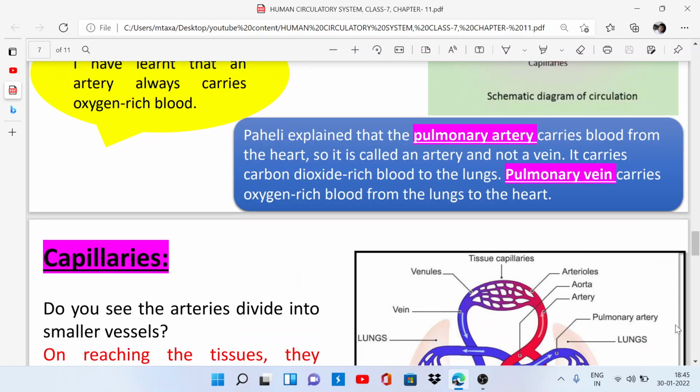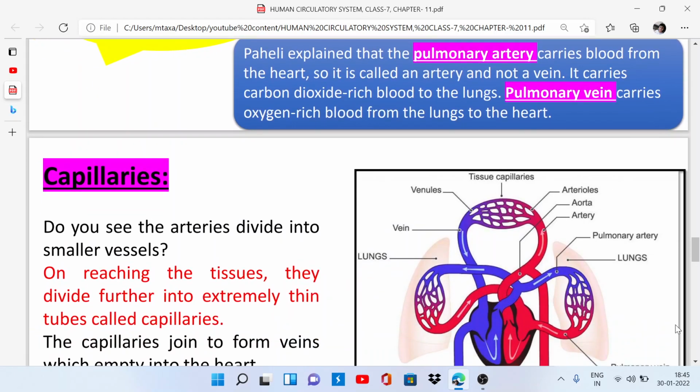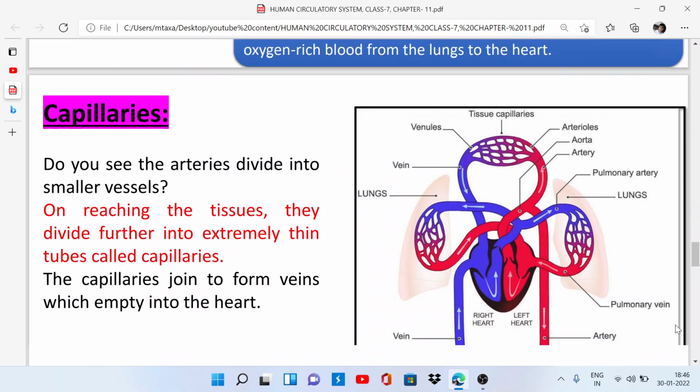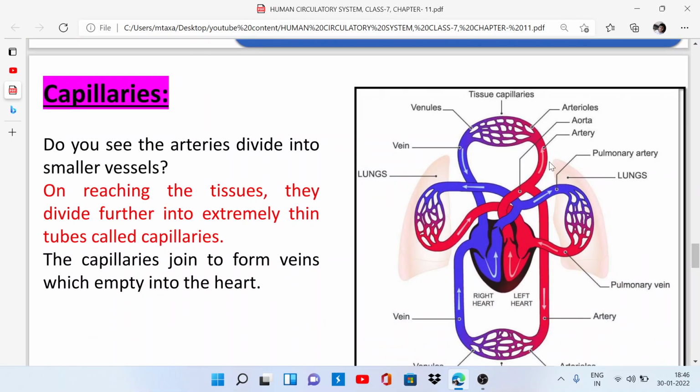Now come to the capillaries part. Can you see here these arteries which bring blood from the heart are divided into smaller vessels, into extremely thin tubes called capillaries.